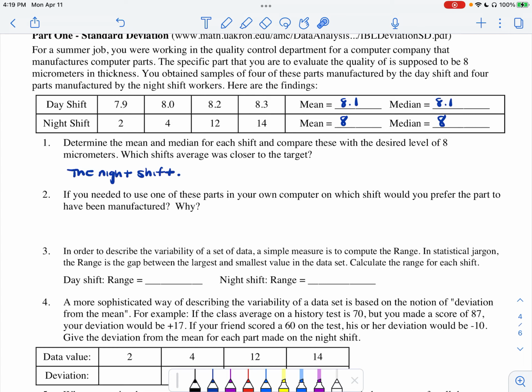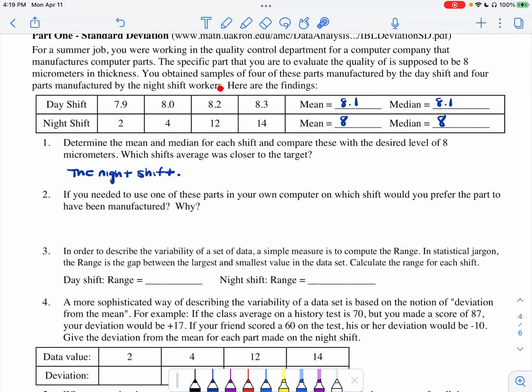Well, if we're just looking at the averages, then you might say the night shift because their average was closer. But if you look at the actual numbers, not a single one of these numbers was really even close to that 8 micrometers that we were looking for.